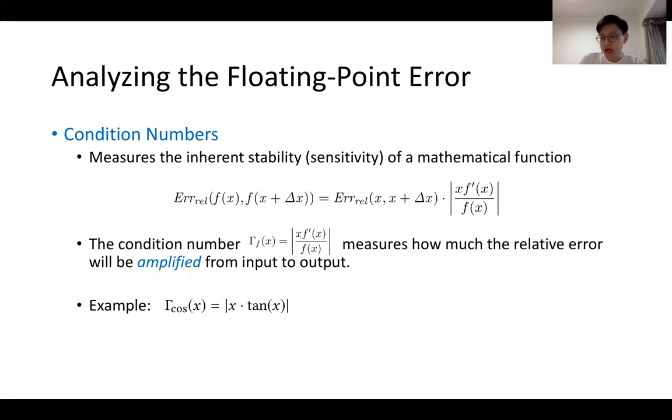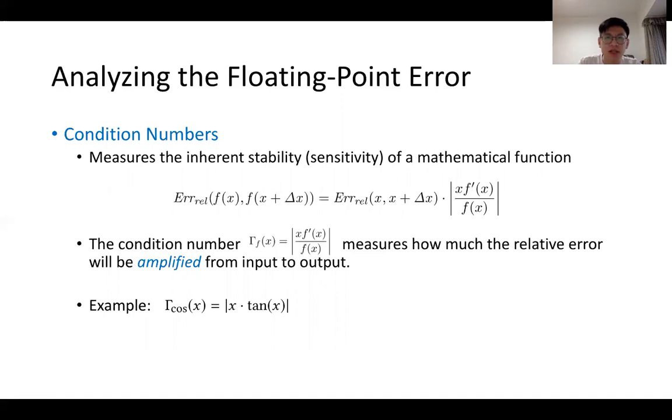To understand how these errors are amplified, we adapt the concept of condition numbers here. The condition number is a concept from mathematical analysis and numerical analysis, and it measures the ratio between the error in the input and the output. In other words, the condition number measures how much the relative error will be amplified from the input to the output.